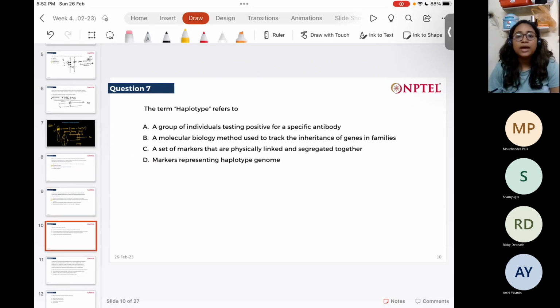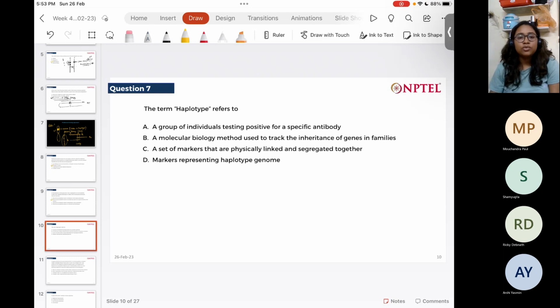Then what do you mean by haplotype? This question asks you that. Is it a group of individuals testing positive for a specific antibody, or is it a molecular biology method used to track the inheritance of genes in families? Or is it a set of markers that is physically linked and segregated together? And lastly, is it a marker representing the haplotype genome?